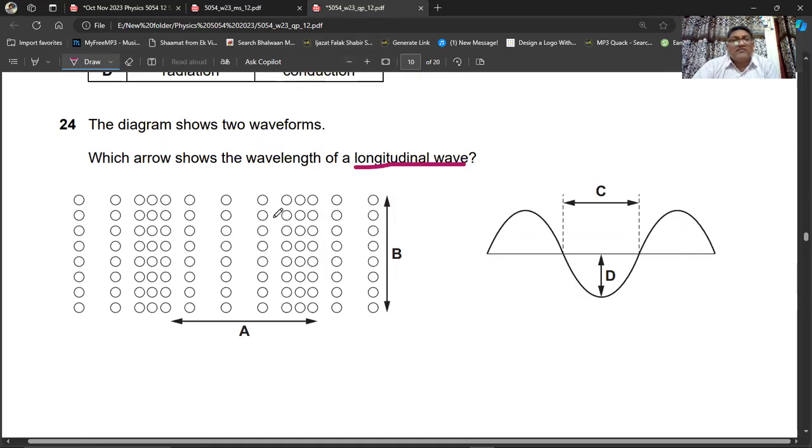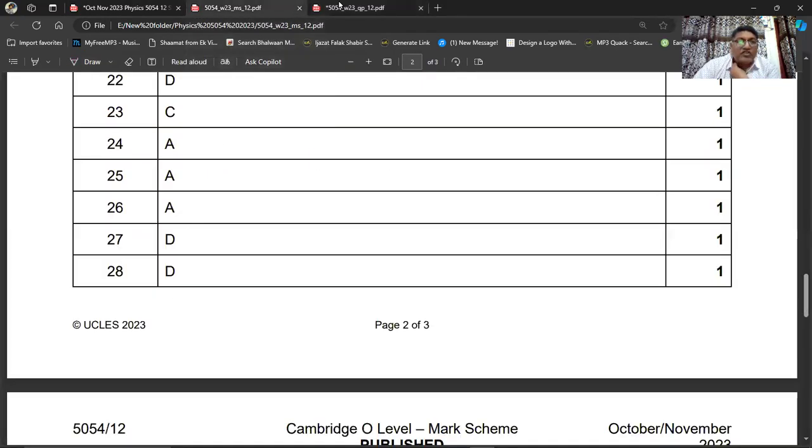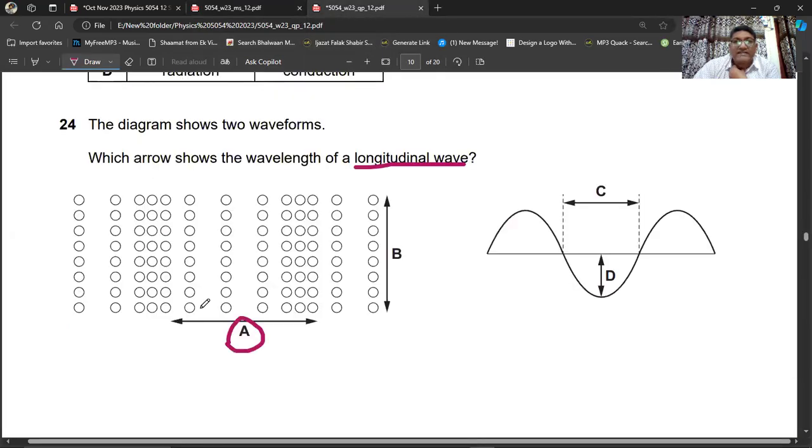Which arrow shows the wavelength? The wavelength will be from the end of one compression to the end of the consecutive compression, the next compression. So I think A is the best option. That is the wavelength. Question number 24, A is the right answer, sir.